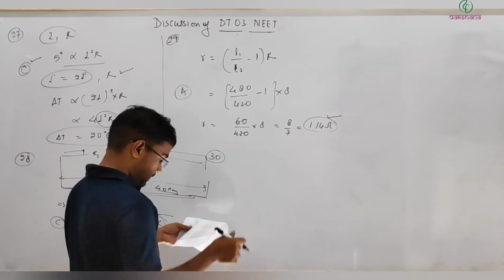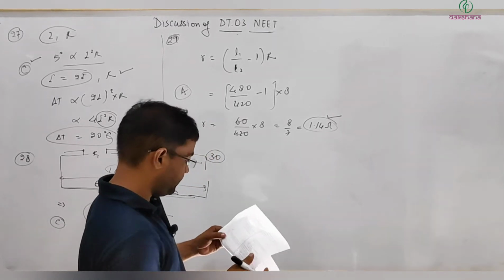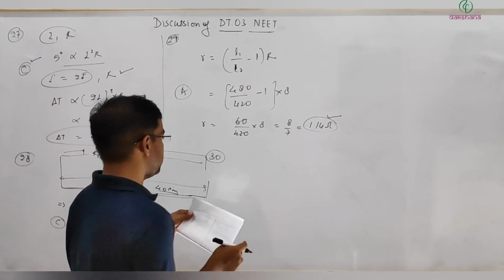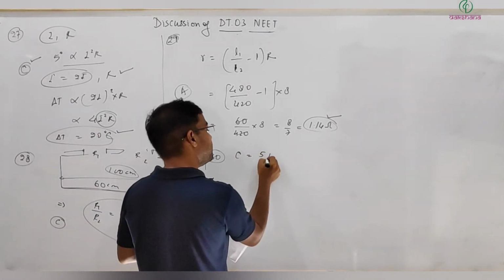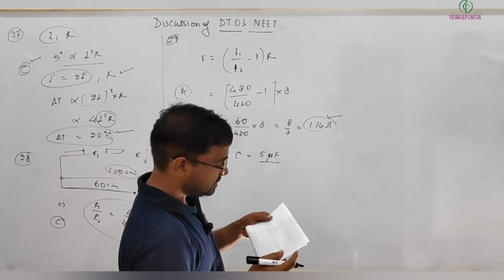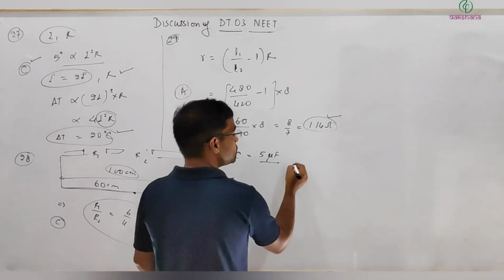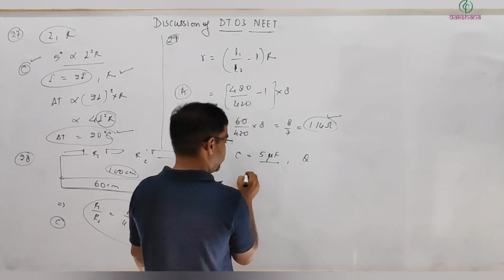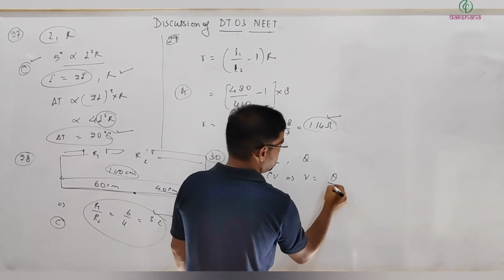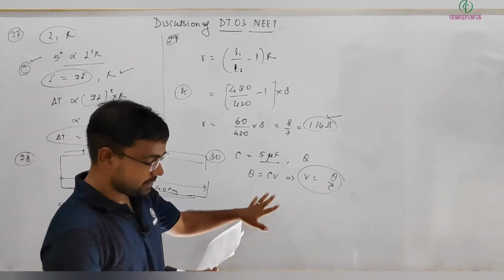Question number 30. Here the capacity of a parallel plate condenser C is 5 microfarad. When a glass plate is placed between the plates of the condenser, its potential becomes 1/8. Some charge Q will be there, and I can write Q is equal to CV, so V is equal to Q by C. This is the initial case.